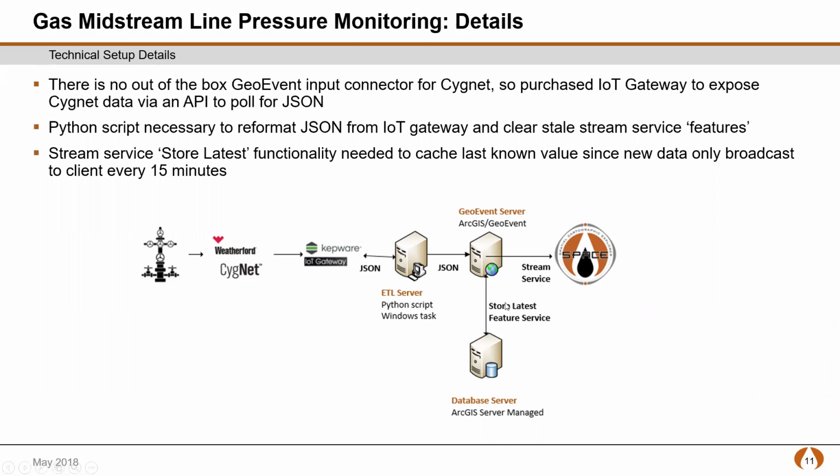So by using store latest, we cache the last known observation in a database that's managed through ArcGIS server and GeoEvent, and that is kind of broadcast out with the stream service, so you'll always see the last known observation.